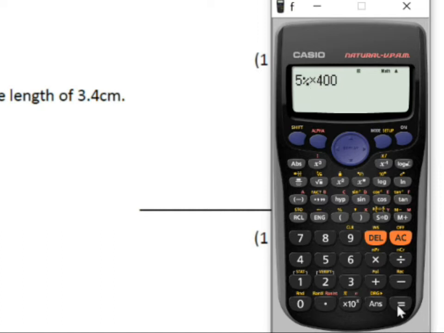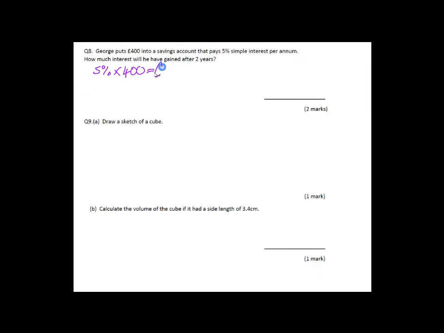Quite literally 5% of 400 tells us it's 20. So it's £20 per year. So after 2 years, multiply it by 2, we end up with £40 interest. On the answer line, £40, and that's worth 2 marks.